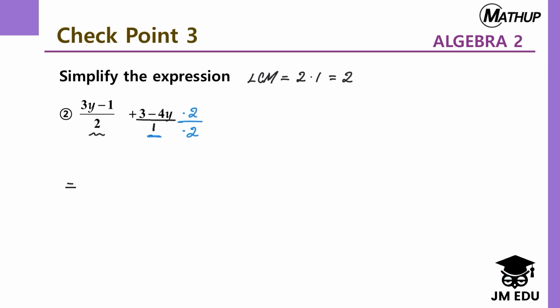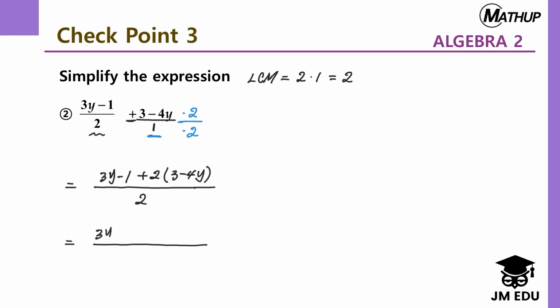So that expression is equal to, now we have common denominator 2. We have 3y minus 1 plus 2 times parenthesis, always 3 minus 4y, right? So let's simplify the numerator. We have 3y minus 1 plus, solve the parenthesis, 2 times 3, 6. 2 times minus 4y, minus 8y, over 2.